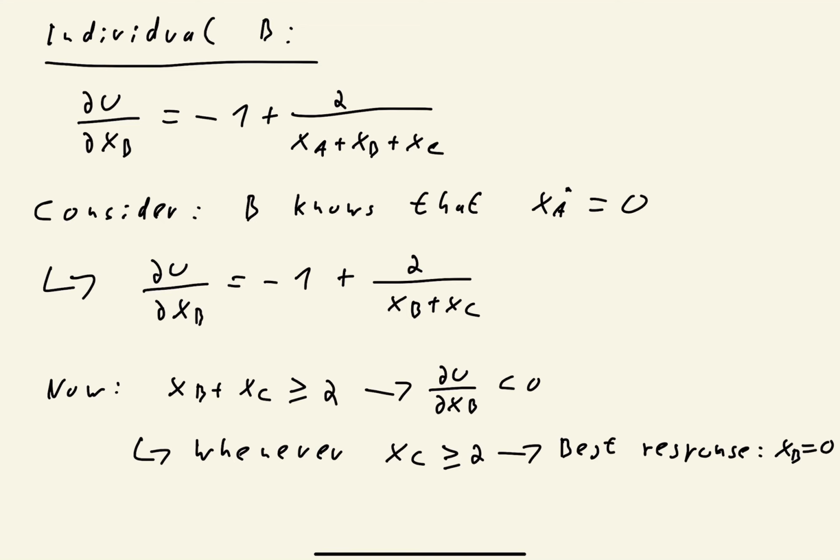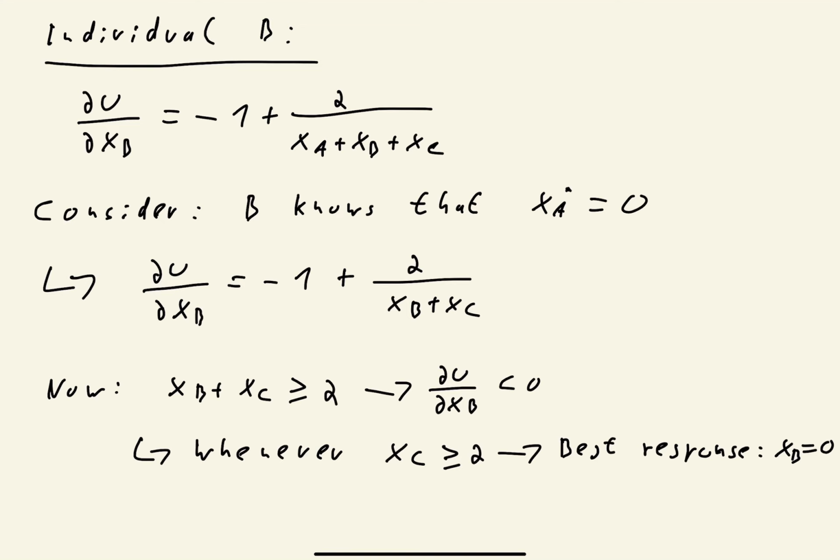Okay, so whenever individual C is contributing an amount equal to 2 or larger, then individual B is better off by not providing anything to the public good, because his marginal utility of the additional good that he provides is strictly smaller than the cost that he has in order to provide this unit of the public good.